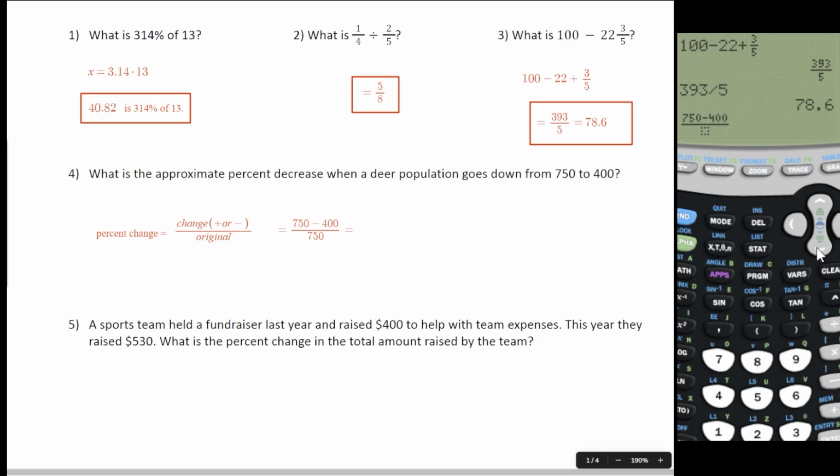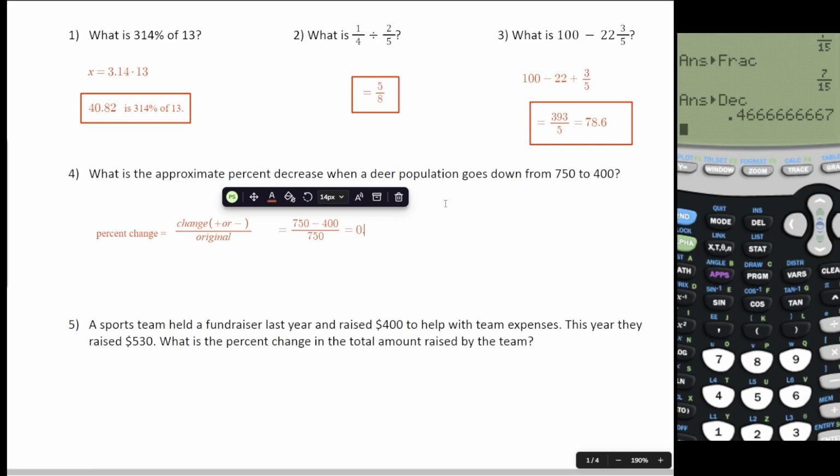That's how much the deer population is changing by, divided by the original deer population, 750. That is going to be 7/15. So as a decimal, which is kind of how I want this, I'm going to go ahead and convert mine. Not to a fraction. We want to convert it to a decimal. So it's about 0.4, we'll just call it 7. We'll round up to 7. So about 47%.